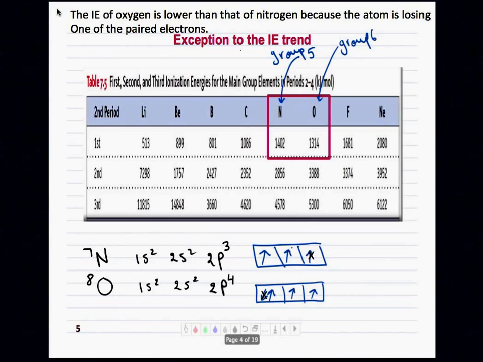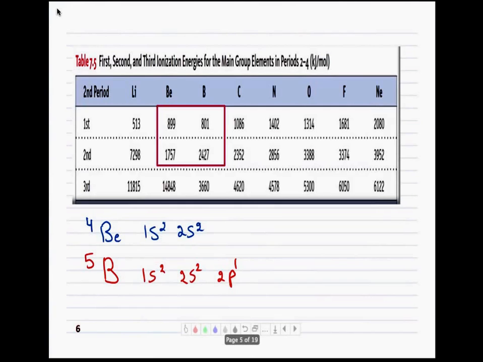Okay. Now we're going to talk about the second exception. So the second exception is the first ionization energy of beryllium and boron. So again, we find that boron has a lower ionization energy than beryllium, which is against the trend that I talked about.